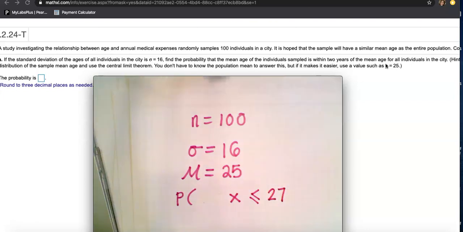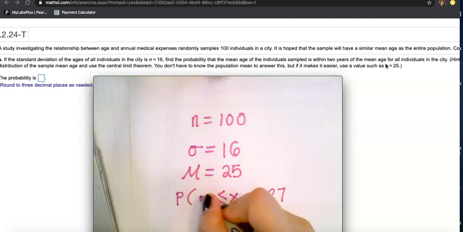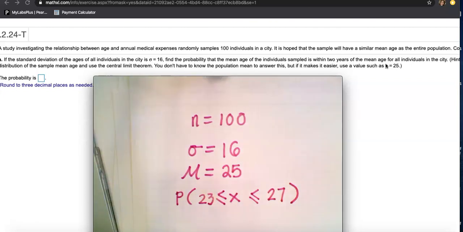I got that 27 by adding 2 to 25. But what's the youngest? 25 minus 2. So it's going to be in between these two numbers.